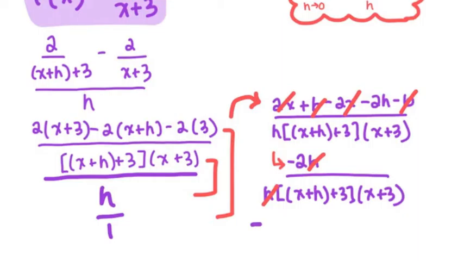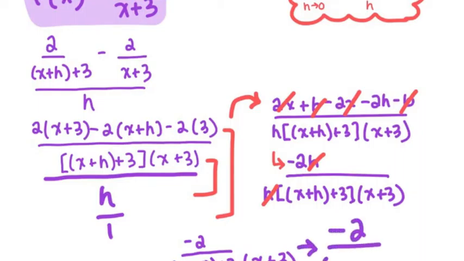So we'll have negative 2 over x plus 0 plus 3, then x plus 3, making us have at the end only negative 2 over x plus 3, and then again x plus 3, because as we can see, x plus 0 is only x plus 3.